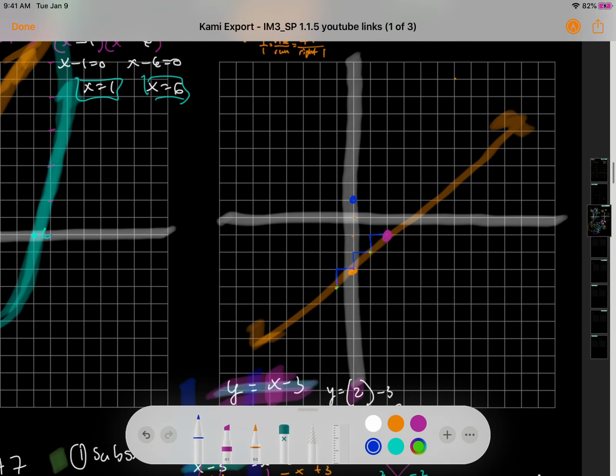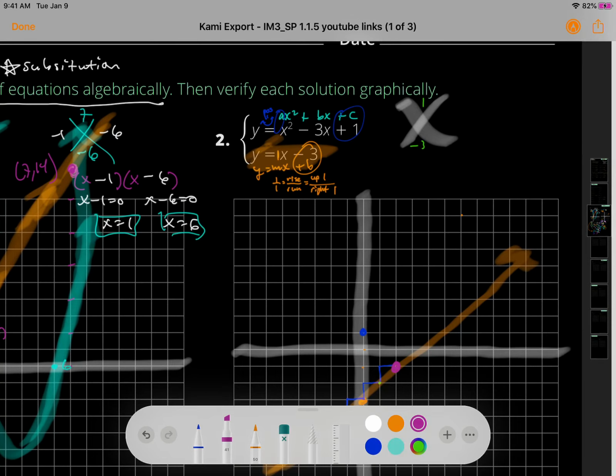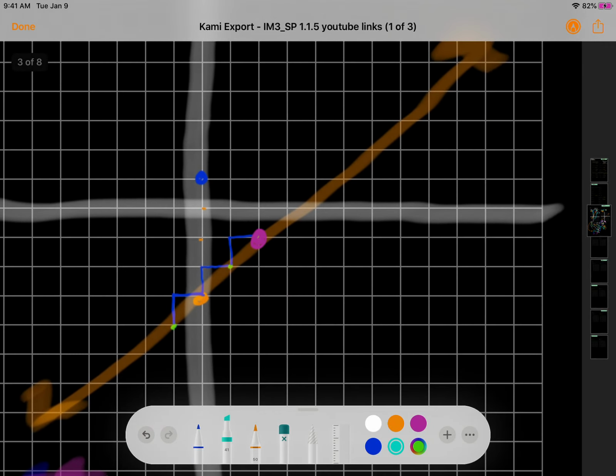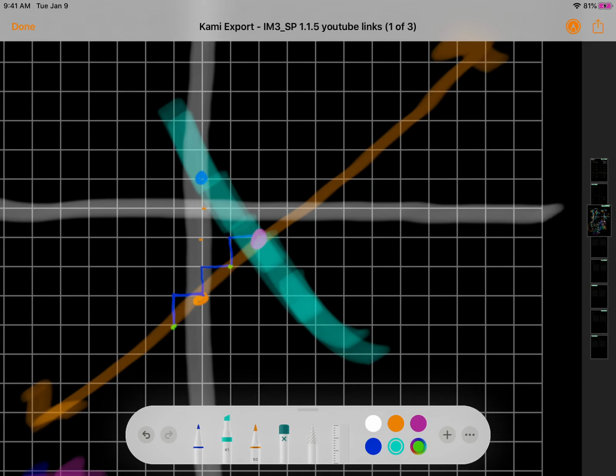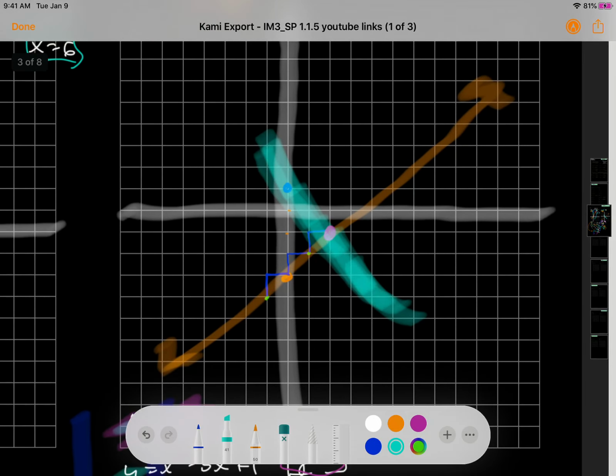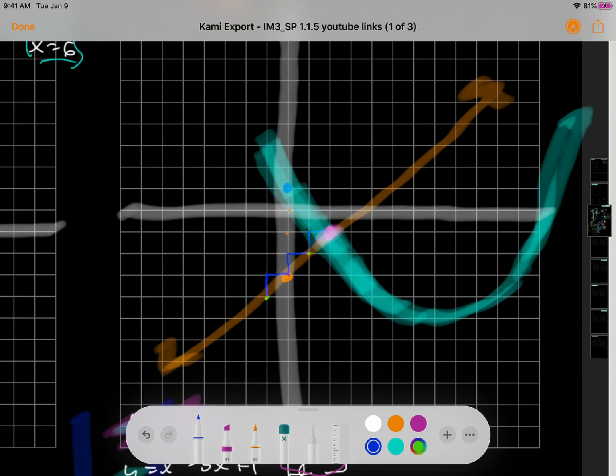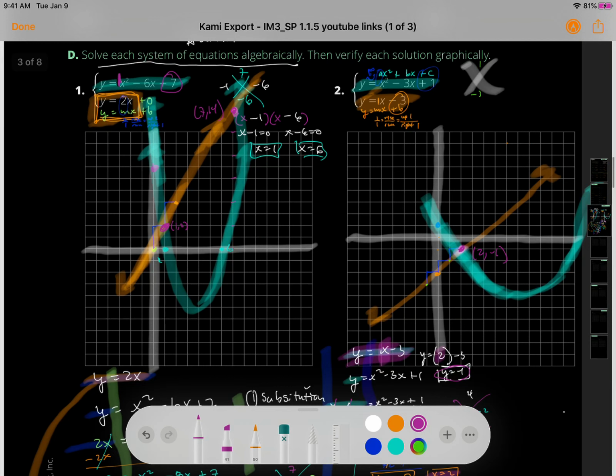Let's do blue. Okay, so let's graph that. How does it go through once? But the big idea here is that the intersection is right here. That is the ordered pair 2, comma, negative 1. So in this problem you have one solution. Okay? See you guys.